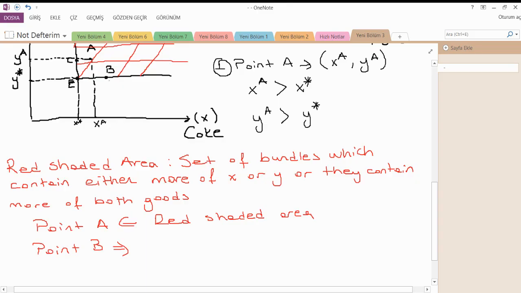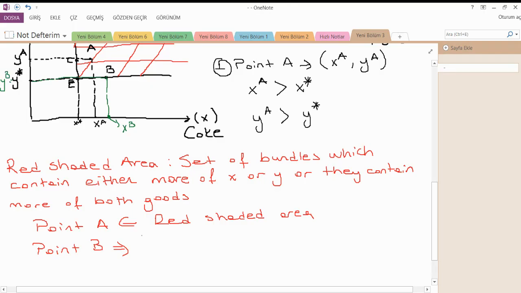Point B corresponds to this point, so it is XB, and when we join it with the y-axis, it is equal to y star, so it is equal to YB.